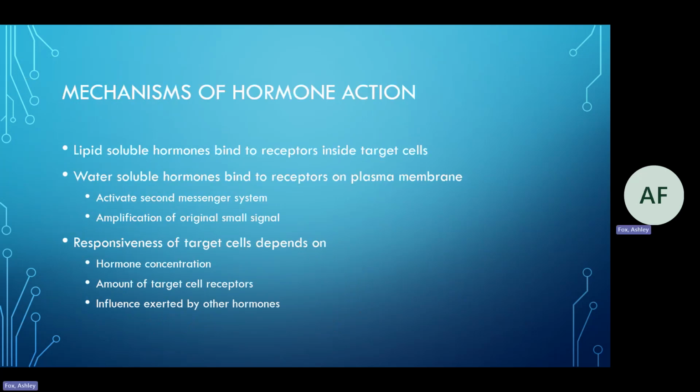So again, lipid-soluble hormones bind to receptors that are inside the target cells, so they can go intracellular. Water-soluble hormones, again, have receptors on the plasma membrane. They have their receptor on the plasma membrane, and then they have a second messenger.